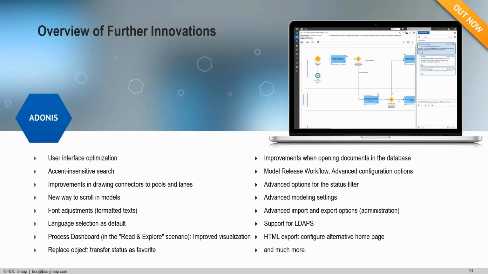And with the HTML export, you can now configure a custom start page rather than the default search page that used to be the case when you generated your HTML. And LDAP-S, so that's your LDAP over SSL, can now be used for encrypted communication with a directory service, as well as lots of other things.